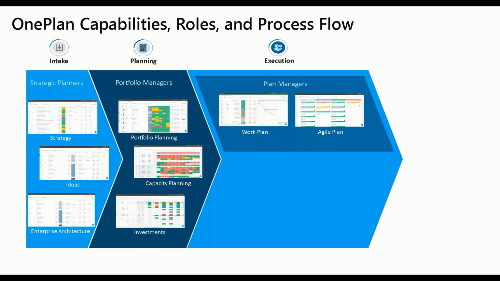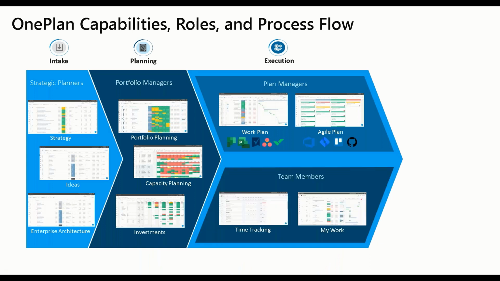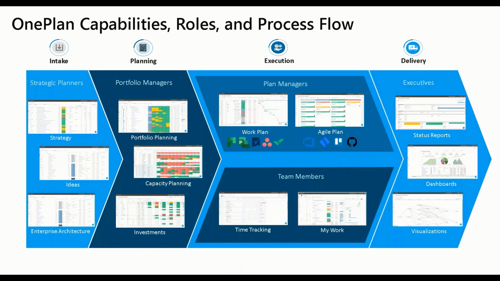So that's really what OnePlan is all about. And for those that don't know of us, here we have a representation of our capabilities across a life cycle. And again, this is an oversimplification because we can actually model against any life cycle that your organization might have. So we have on the top intake, planning, execution, and delivery.